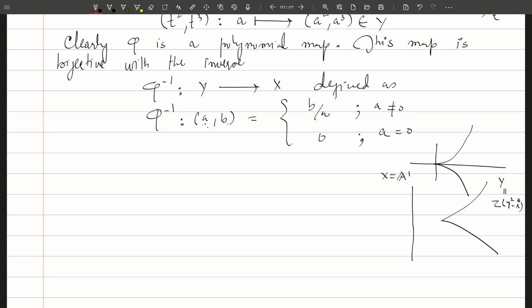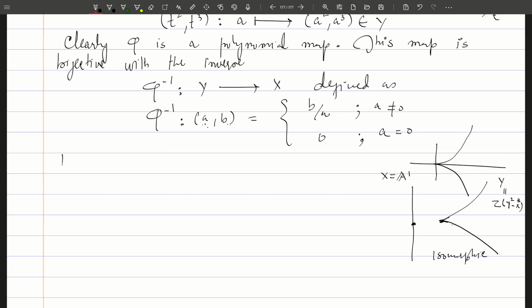So these two sets are not isomorphic, even though they are homeomorphic. So there is something with this point over here. This point, in some sense, is not like this point over here. So these two sets are not isomorphic, although they are homeomorphic.